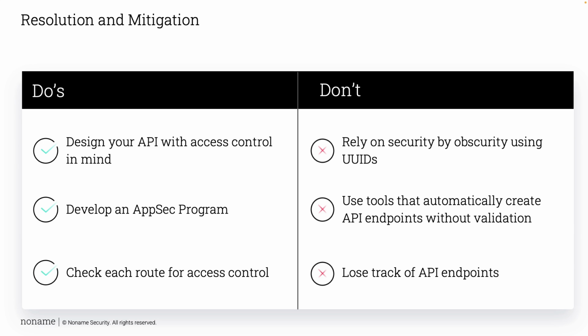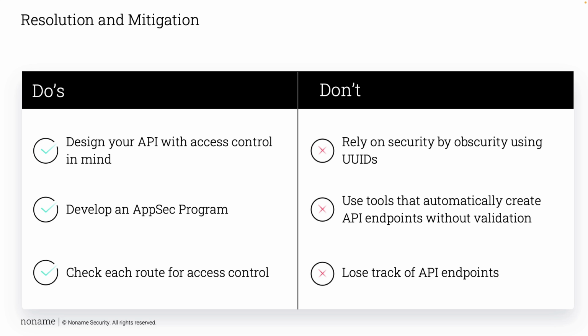Some don'ts: don't rely on security by obscurity by using something like UUIDs. Identifiers can often be found in other API endpoints or potentially even in the read API endpoint, and simply having UUIDs often isn't enough to fully solve this vulnerability.